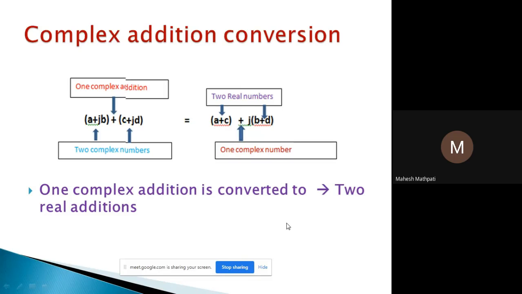Next line you write. We know that k varies from 0 to N minus 1 for computing the DFT of x of n.